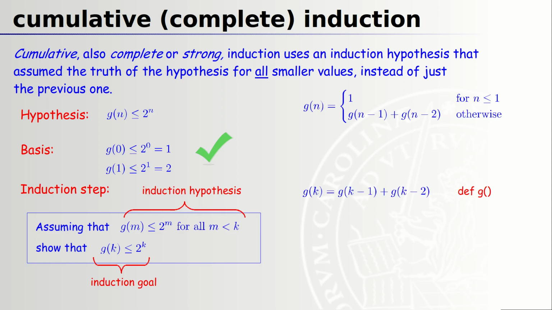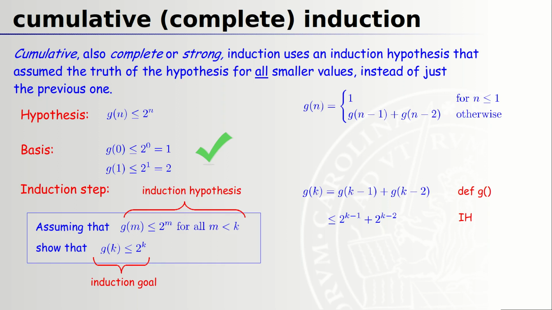We start showing it as before by taking the left-hand side of the inequality and unpacking it using the definition of the function. We know k is greater than 1 since we have handled the other two cases already. k minus 1 and k minus 2 are both less than k, so we can use our induction hypothesis here and assume that the inequality holds for those two.